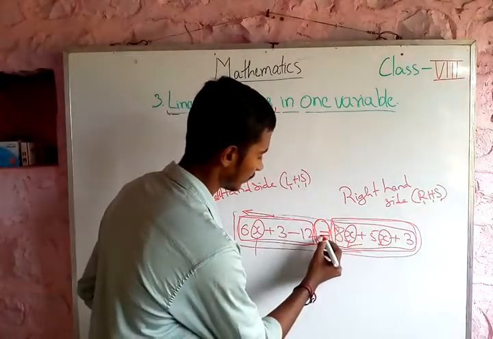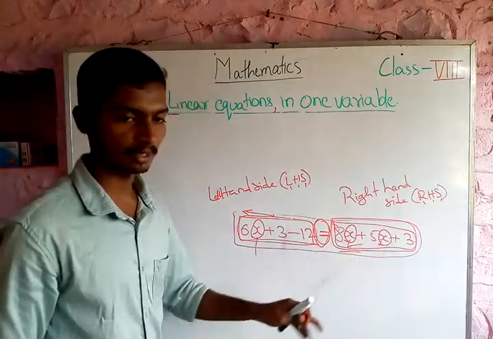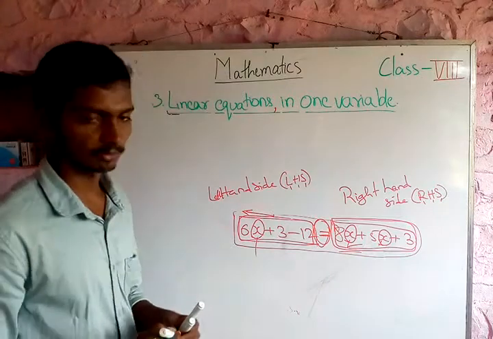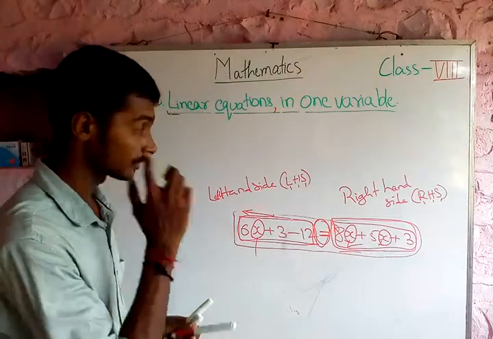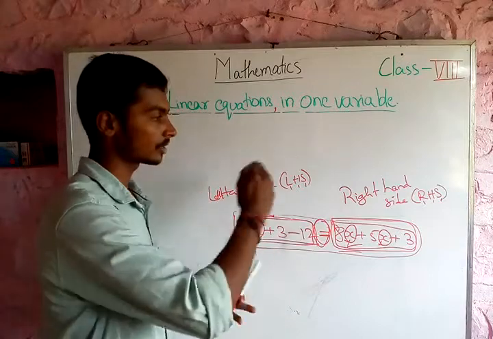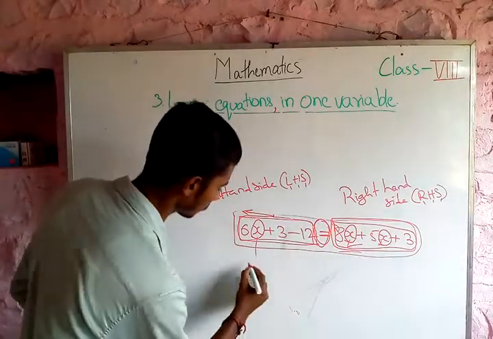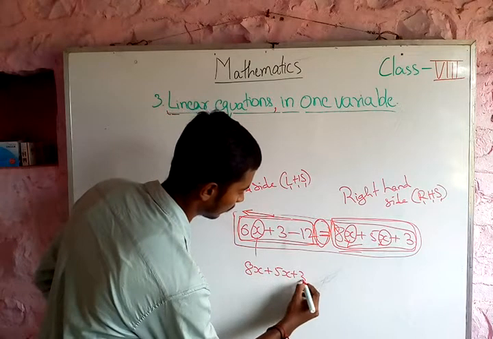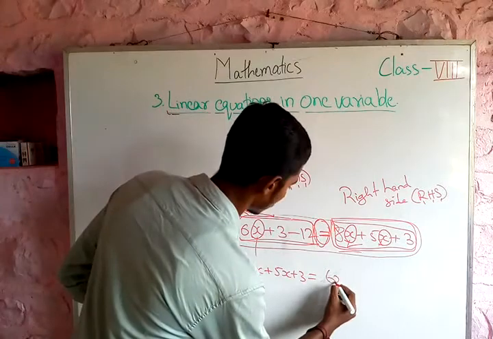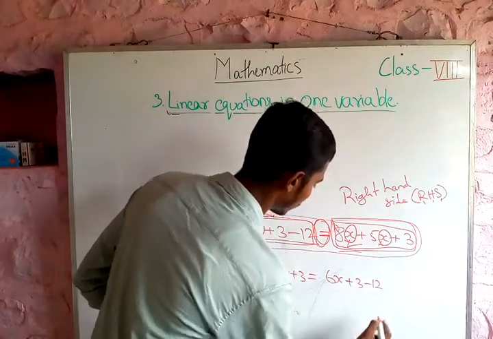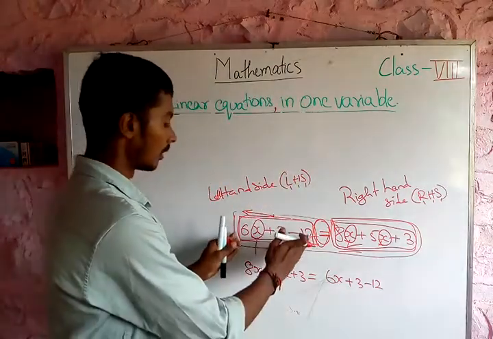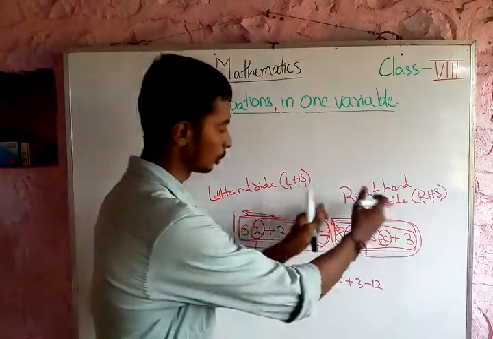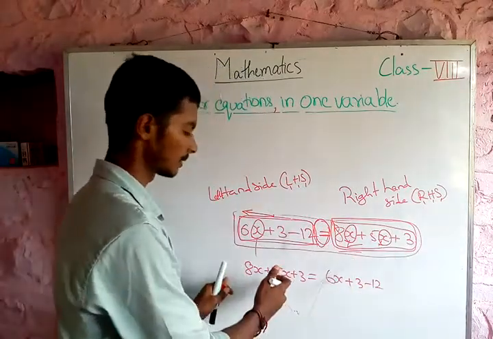Since we are equating this side with that side, this is equal to this, whatever it may be. And one more thing is, if you interchange the right hand side with the left hand side, it becomes 8x plus 5x plus 3 is equal to 6x plus 3 minus 12. What I am doing here is taking the LHS expression to RHS and the RHS expression to LHS.